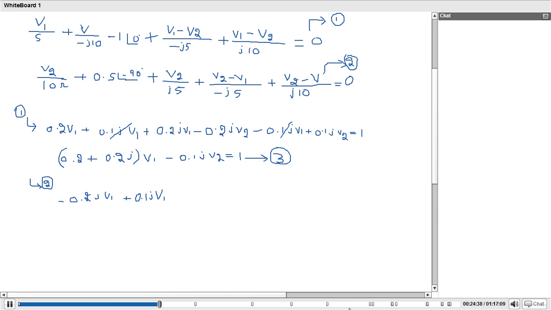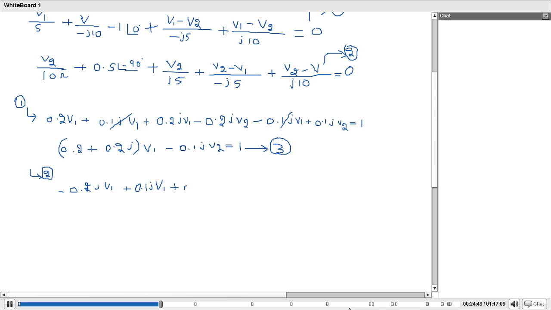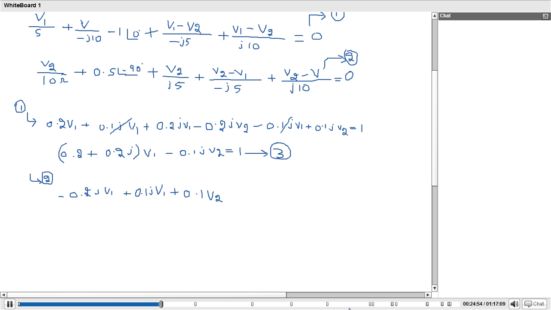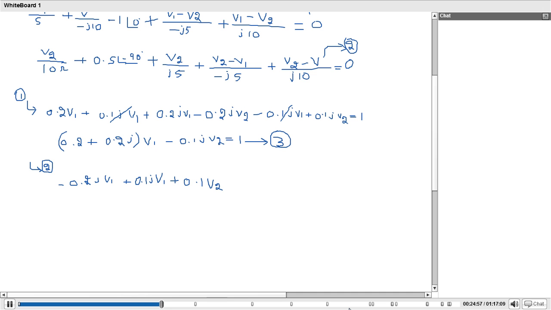Come to the V2 terms. So V2 terms, this is having only real value. There are no other real value. So V2 by 10, that is nothing but 0.1 V2. And V2 by j5, so minus 0.2 j. So 1 by 5 is 0.2. So minus 0.2 j V2. And here minus 1 by j V2 by minus j5.